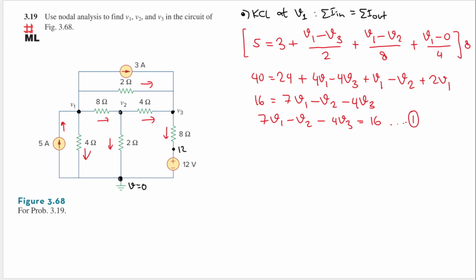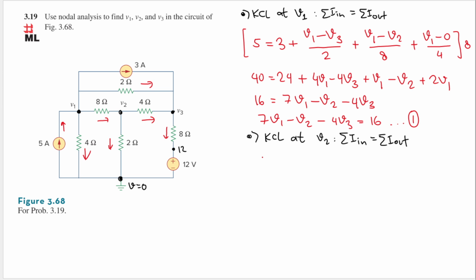Okay, now let's move on to KCL at node V2. That will give us the second equation. Again, KCL says that the sum of the currents that go in will equal the sum of the currents that go out. The only current that goes in is this one here.